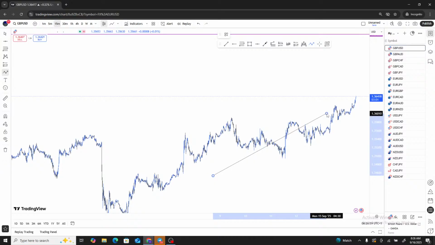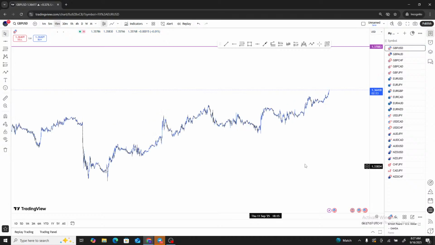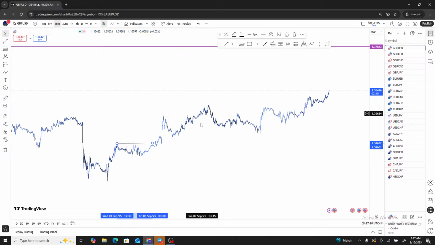So first of all, we'll start from the very beginning. We start marking out our break of structures. As you can see, this is a break of structure right here. A break of structure, BOS. Another break of structure.